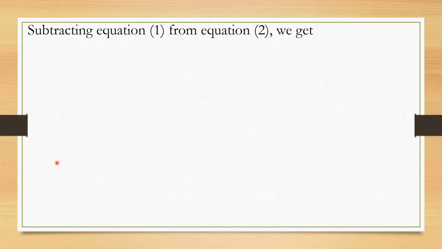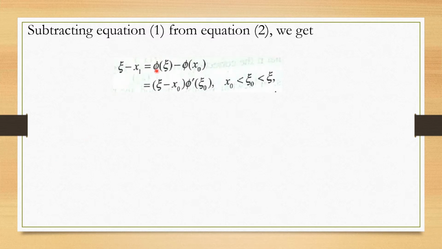Now using equation 1 and 2, we obtain this relation. And this is equal to this. We know that the mean value theorem allows us to write it as such, where xi0 lies between x0 and xi, between these two numbers.